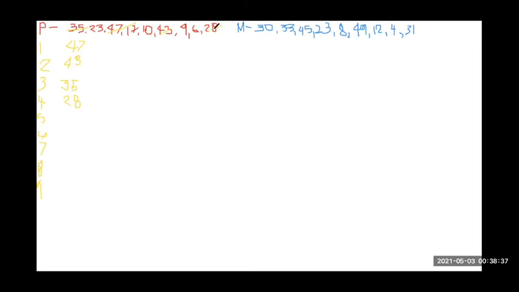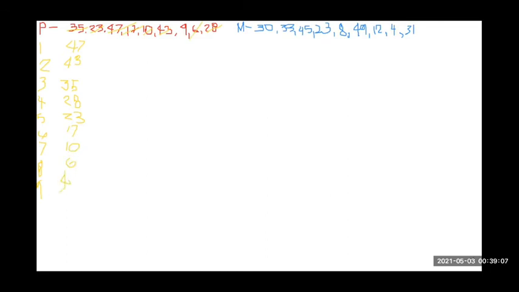The fifth one would be 23. The sixth one would be 17. The seventh one would be 10. The eighth one would be 6. And the last is 4.